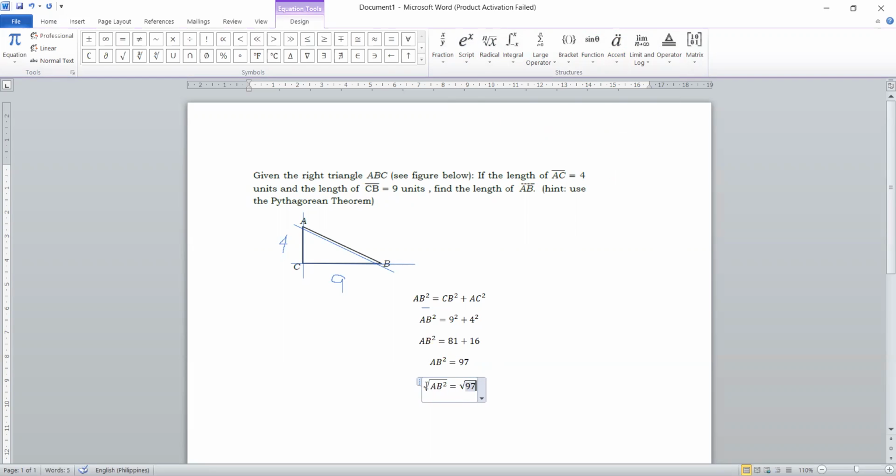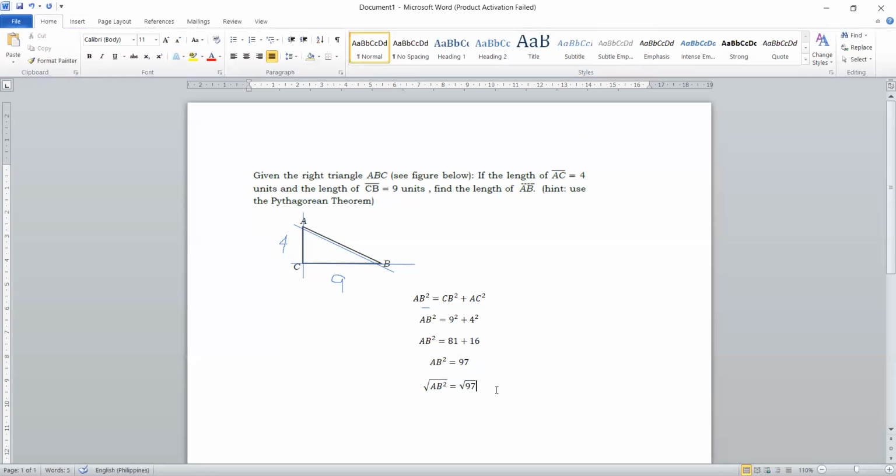So your square root will cancel out. AB is equal to the square root of 97. Or that's 9.85.